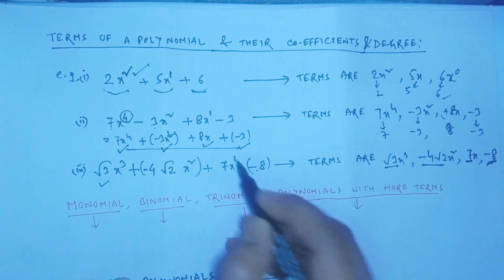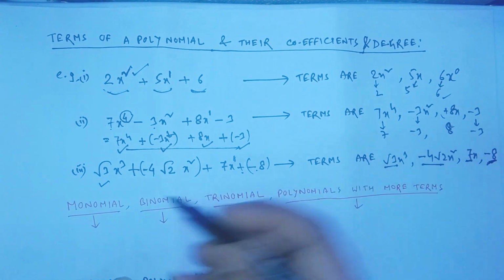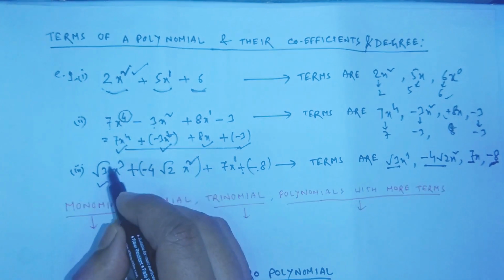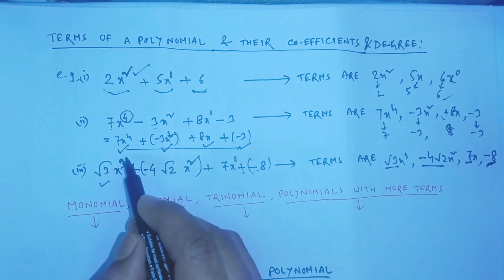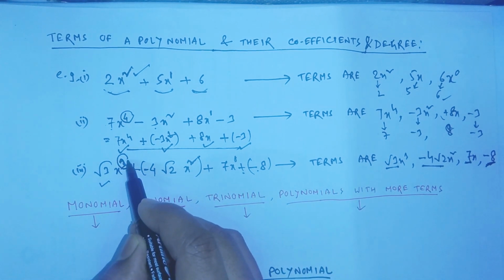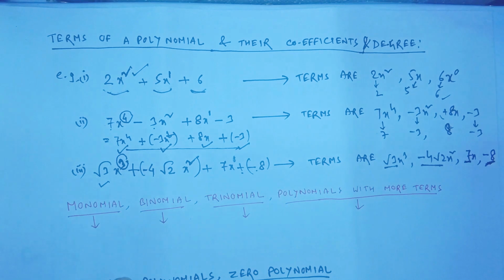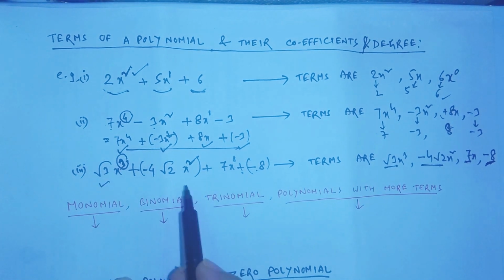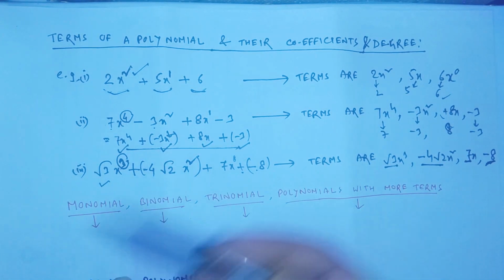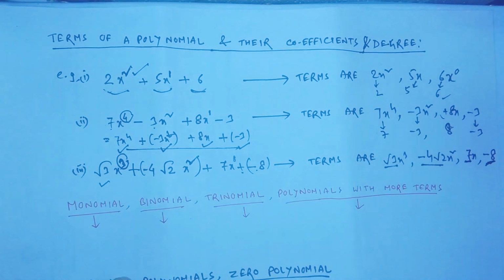Now here the exponent is 1, here the exponent is 2, here the exponent is 3. Out of the exponents 1, 2 and 3, the biggest is 3. 3 is the degree of the polynomial. So while talking about the degree of a polynomial, we simply have to see the highest exponent of the variable. Whichever is the highest exponent, that is the required degree of the polynomial.